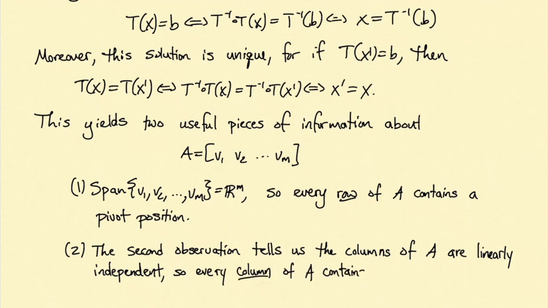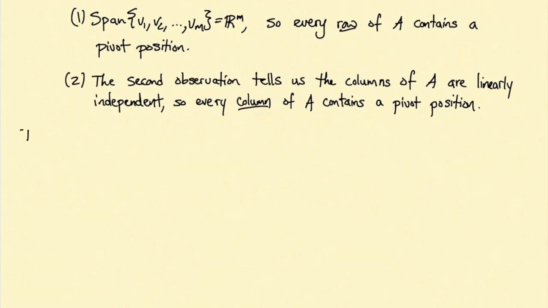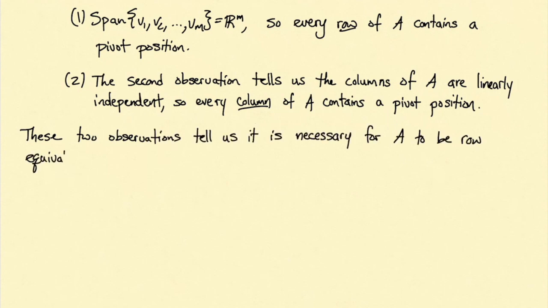So every column of A contains a pivot position. This tells us that it is necessary for our matrix to be row equivalent to the identity matrix.